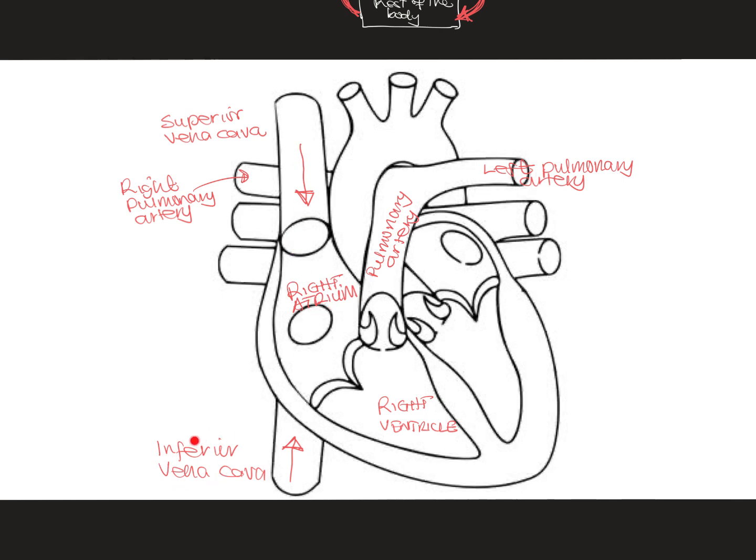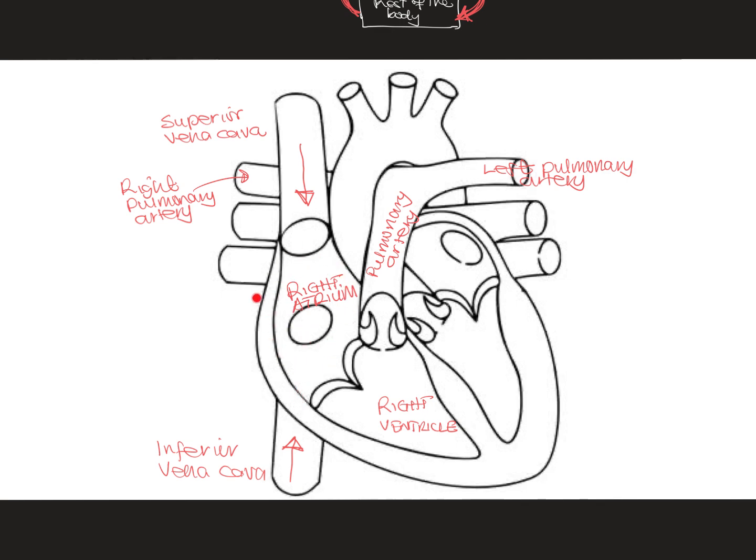The blood coming from the abdomen, like the liver, the kidney, the intestine, the spleen, and so on, comes through this inferior vena cava to the right atrium.